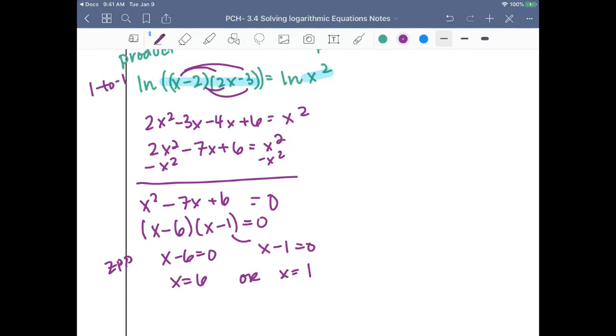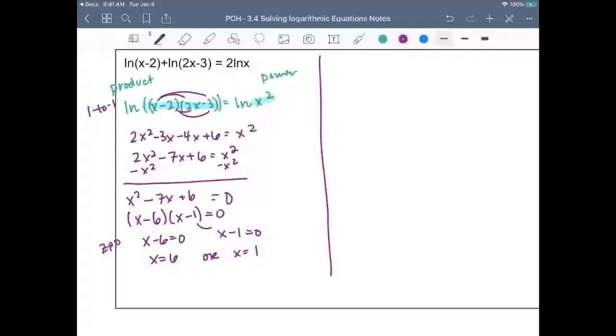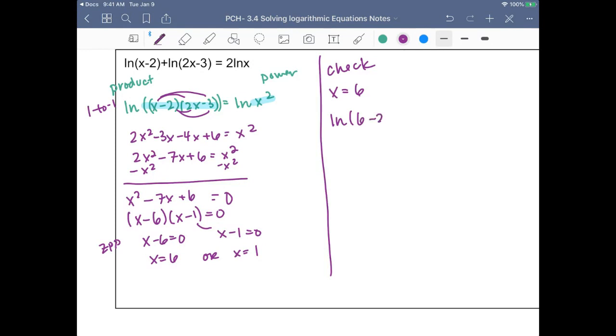And at first, you're like, okay, this is what I think it is, but we have to be really careful here because we get extraneous solutions a lot when we have powers and quadratics, with exponential functions or logarithmic functions. So we're going to plug them back in to check. So first, for x is equal to 6, we have ln of 6 minus 2 plus the ln of 2 times 6 minus 3 is equal to 2 times the ln of 6.